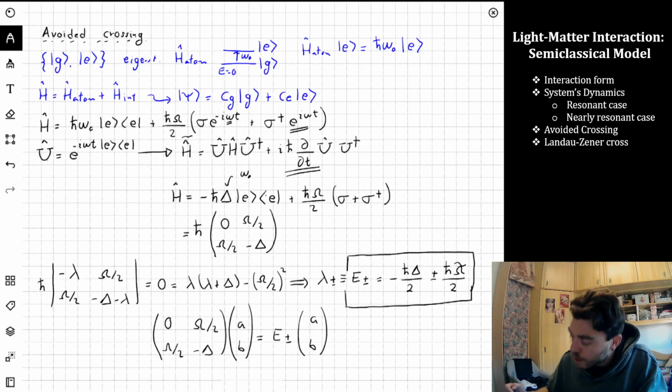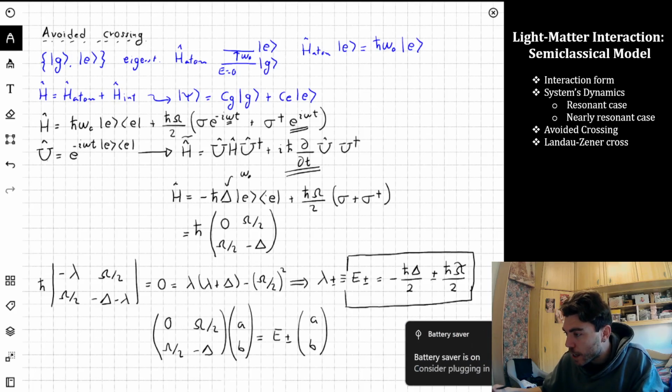This gives a system of equations that one can solve, applying the normalization for A and B, and then get the eigenvectors. I will write just the solution of these eigenvectors. Again, this is a good exercise if you want to do it on your own.